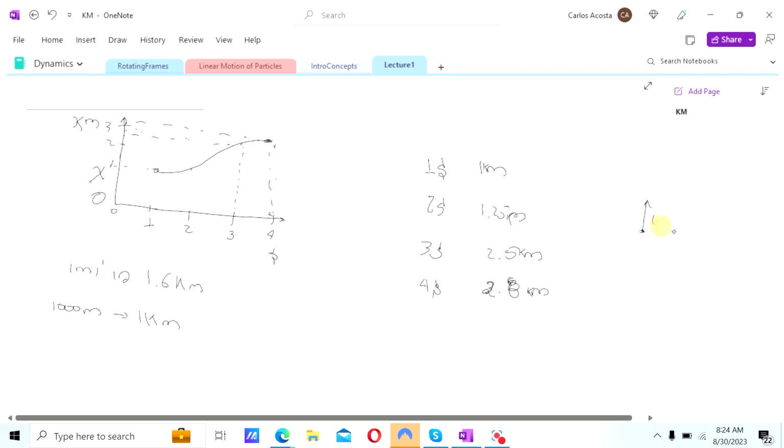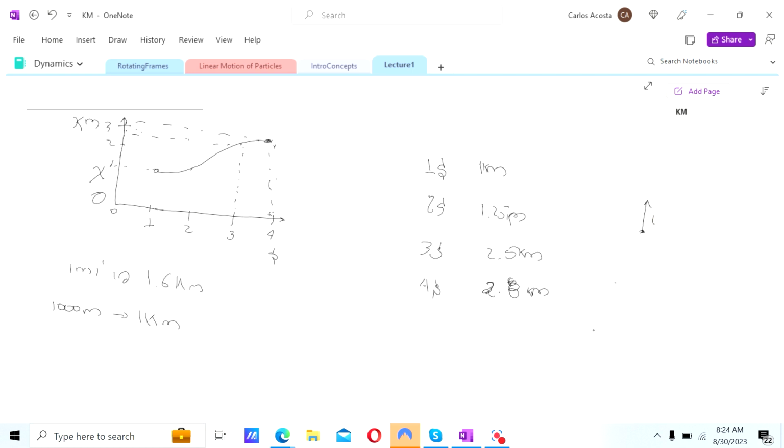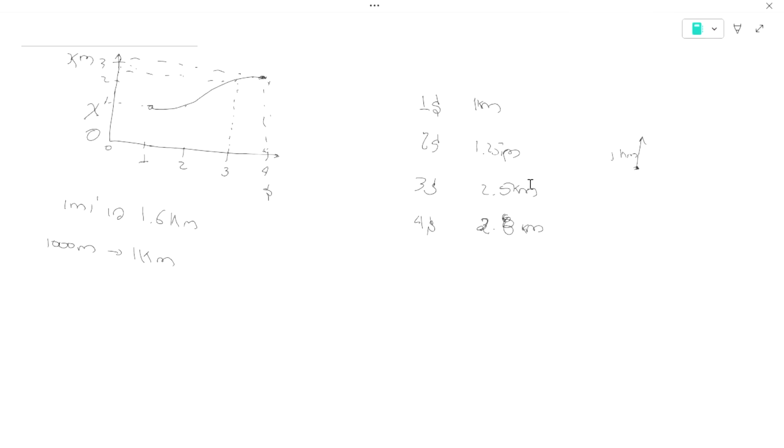I'm trying to type 1 kilometer, I'm not able to. 1 kilometer, okay. Perfect. Then in 2 seconds, so 1 is right here, 2 seconds is right here. This distance from here to here is 1.25 kilometers, so 1250 meters.